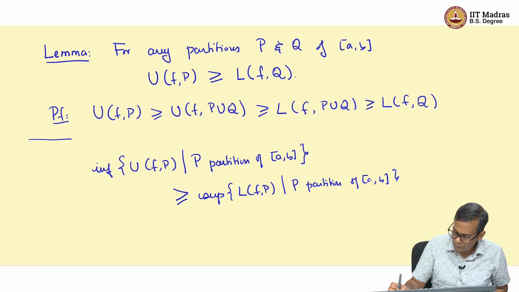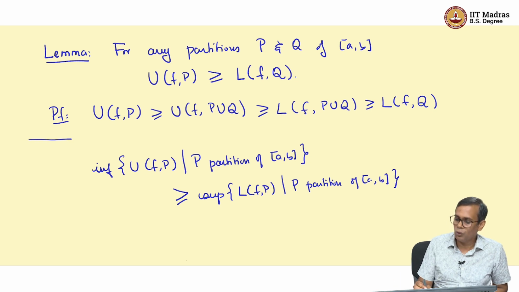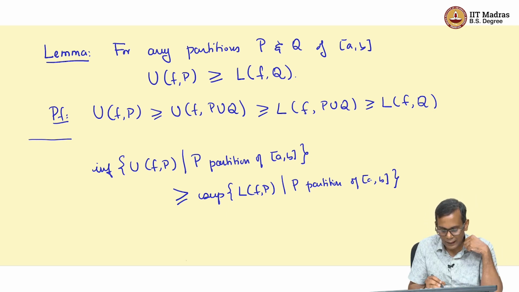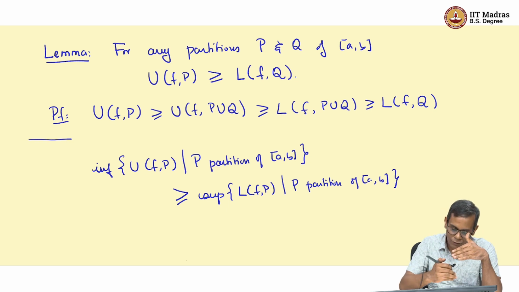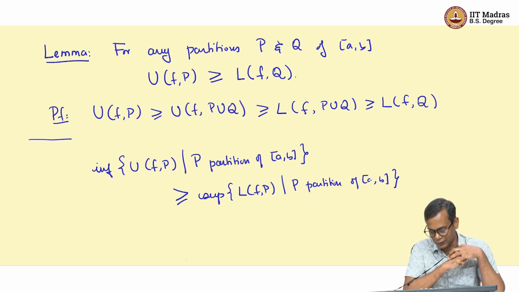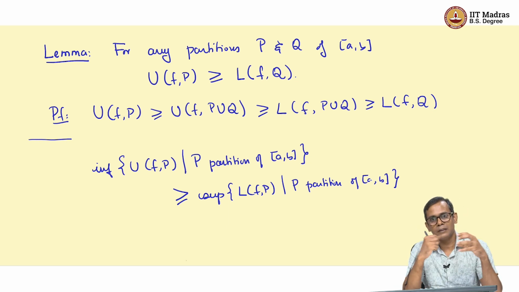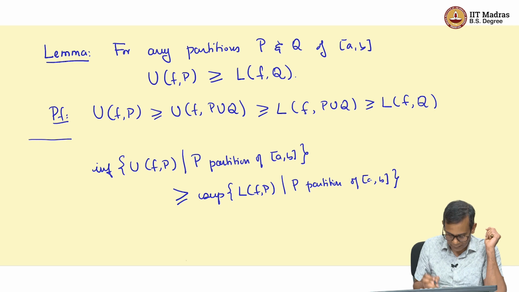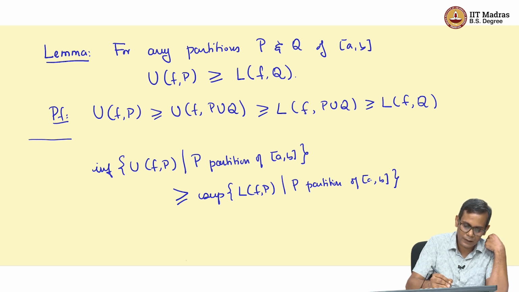In fact, the first set is bounded below by any L(f,P), and the set of all L(f,P)s is bounded above by any U(f,P). And so the first set has an infimum, the second set has a supremum, and the infimum of the set of upper sums is greater than or equal to the supremum of the set of lower sums. So we've squeezed the integral that we want to define somehow between the infimum and the supremum. And so now we are ready to give the definition of the Riemann integral.